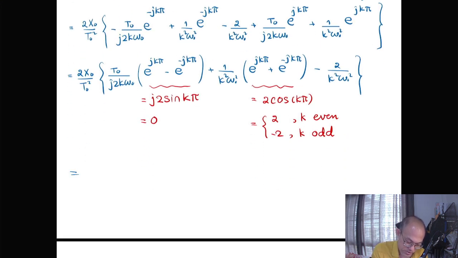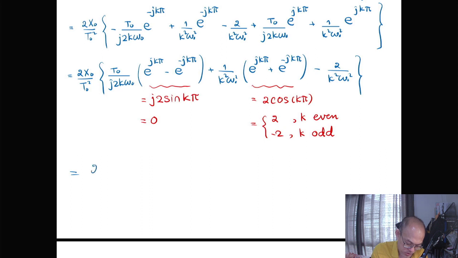And so this term goes away, right? And this term will be 2 and minus 2 depending on the value of k. But when is this 2? Then this term will cancel, right? So it has to be minus 2.